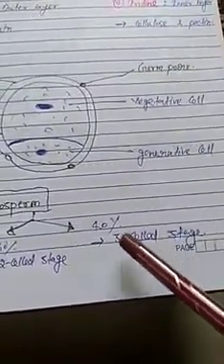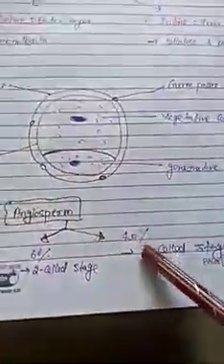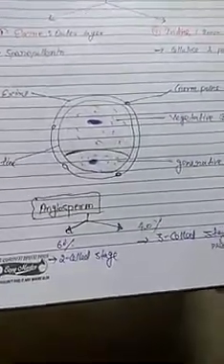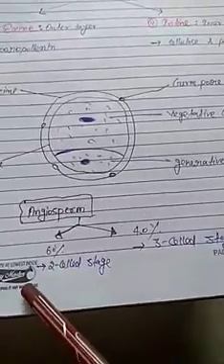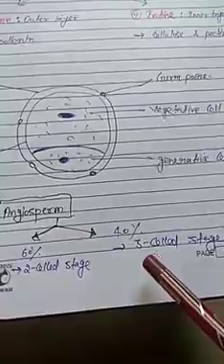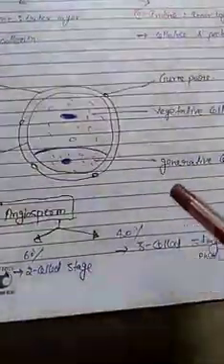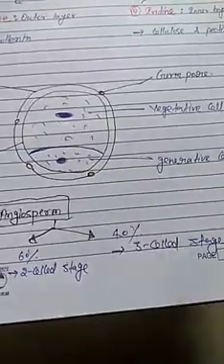This is called the three-celled stage. The pollen grain is shed at this three-celled stage. So in angiospermic plants, in 60% of plants the pollen grain is shed at the 2-celled stage, 1 vegetative cell and 1 generative cell. In 40% of plants, the pollen grain is shed at the 3-celled stage, 1 vegetative cell and 2 male gametes.